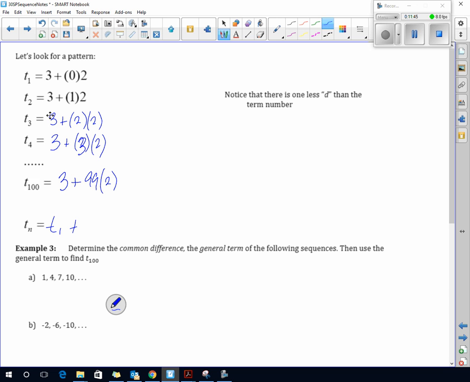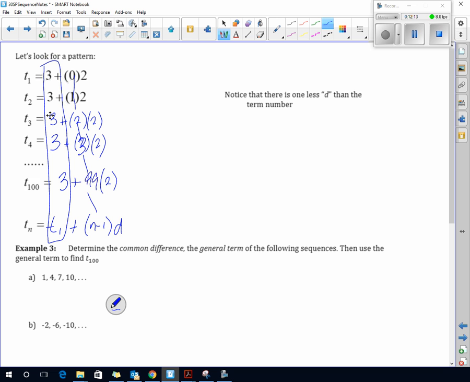So does everybody see this is all term 1? Yes? The way this number changes is always one less. You see 100 was 99, 4 was 3, 3 was 2. It was always one less than whatever that number was. Yes? And then we times it by d. So this is actually a formula you get on the formula sheet, but you can also memorize.